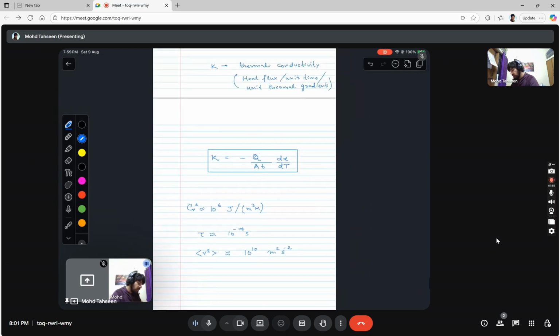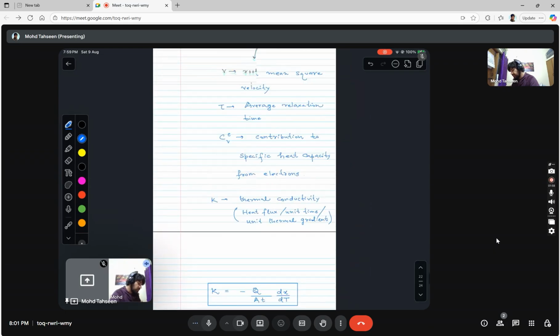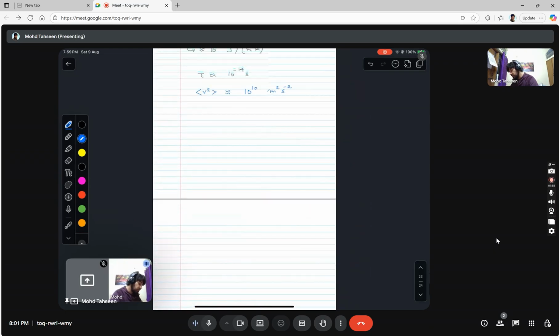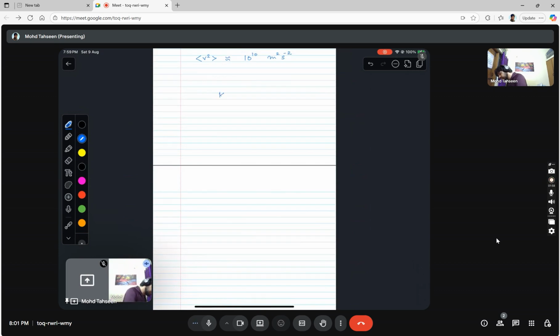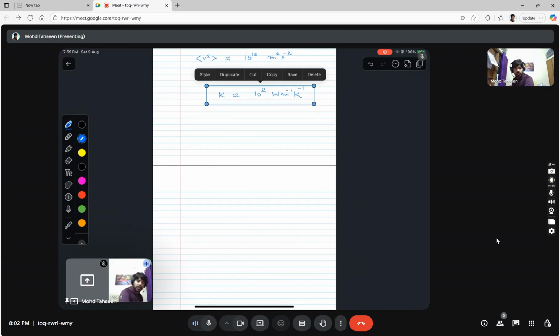So if we plug in all the values, the value of thermal conductivity comes out to be of the order of 100 watt per meter per Kelvin. This order of magnitude is again very close to what we observe experimentally for different metals.